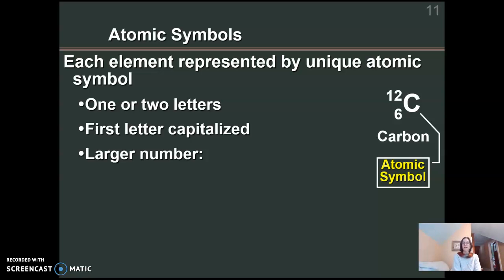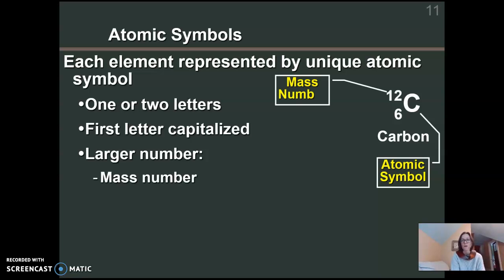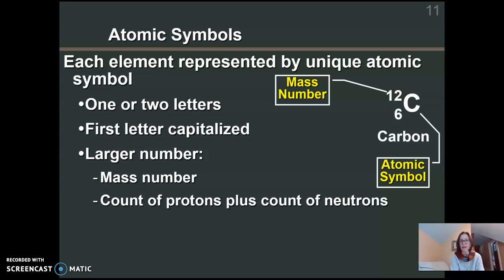Okay, and in this little area over here, we've got two numbers. The larger number, that's value-wise, not necessarily font size, represents the mass number of that element. What's a mass number? That's the count of protons plus the count of neutrons in the nucleus.